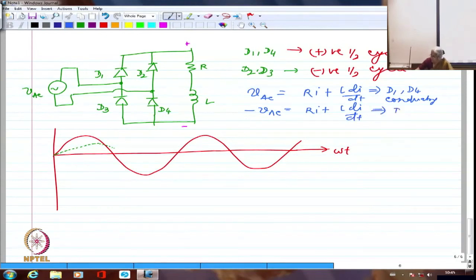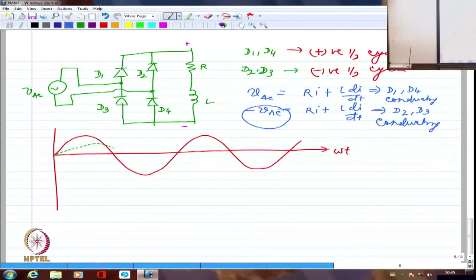Right? So at this point, maybe the current would come down for some more duration depending upon this value, whether it is good enough to dominate over IR. But if IR happens to be still higher than VAC, L dI by dt has to pitch in. You get my point?